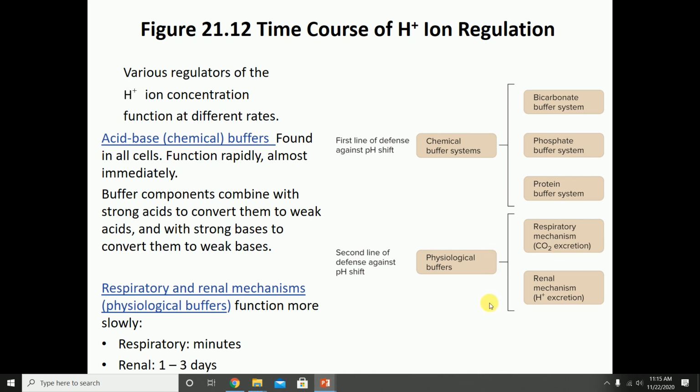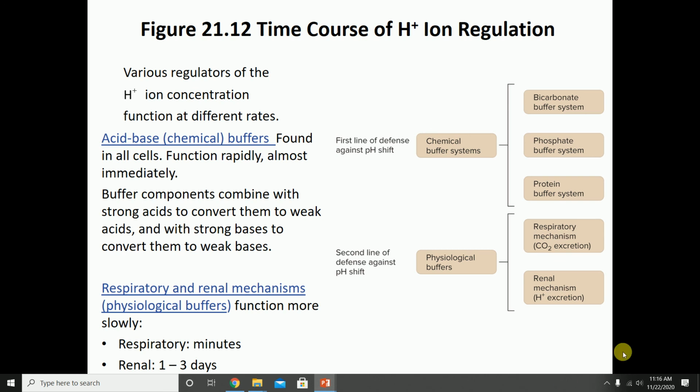Now, your second line of defense is what is known together as the physiological buffers. The first, or fastest, of these two is the respiratory mechanism, where by playing around with the rate of carbon dioxide excretion, you can either hyperventilate through tachypnea or decrease the ventilation through bradypnea.